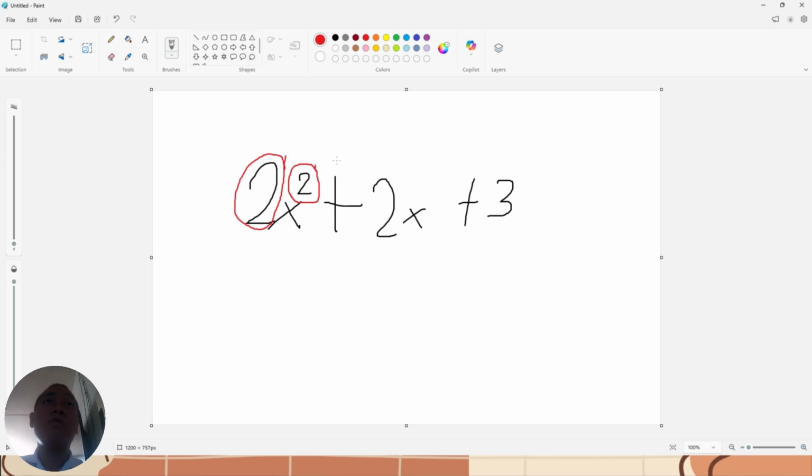So our leading coefficient is 2, and then the rest follows. To know this, it has to have a variable, so that you know if it's the leading coefficient.